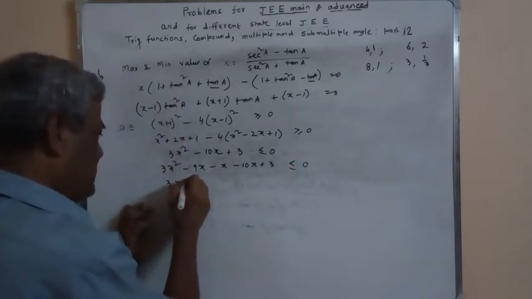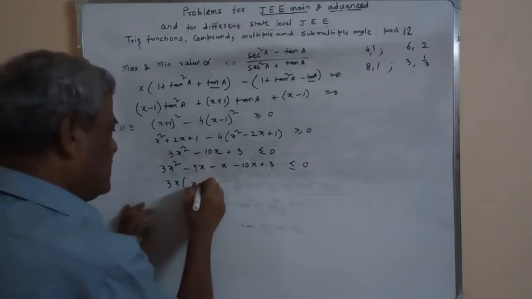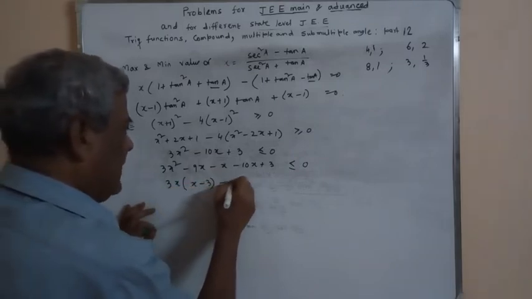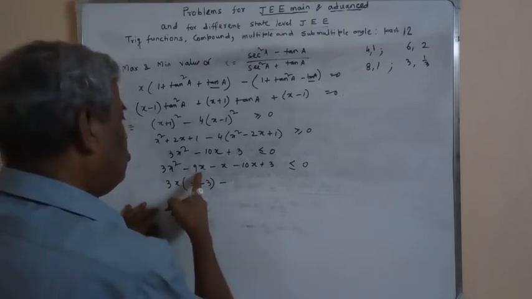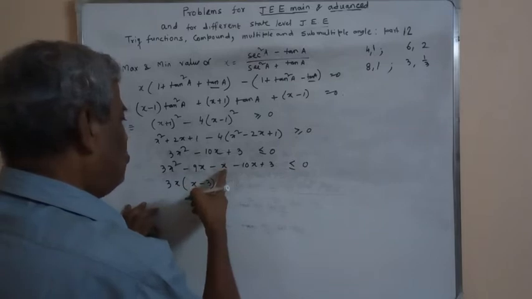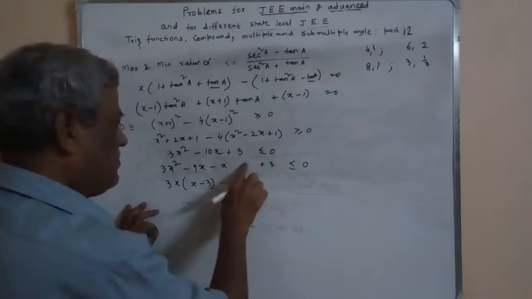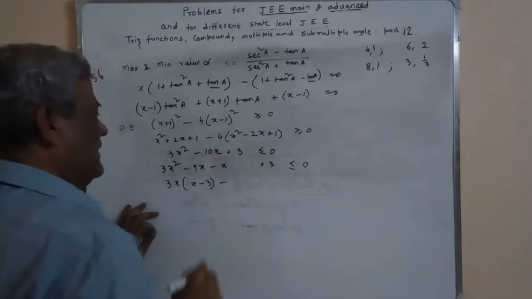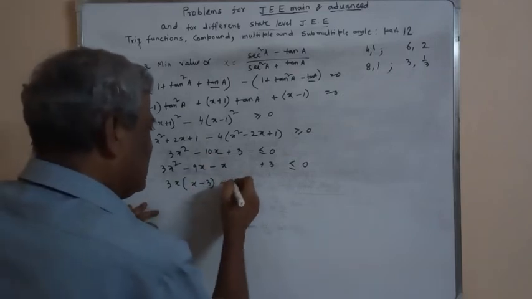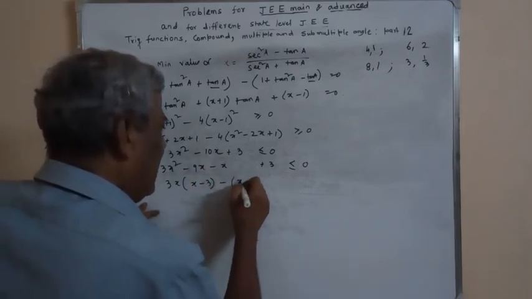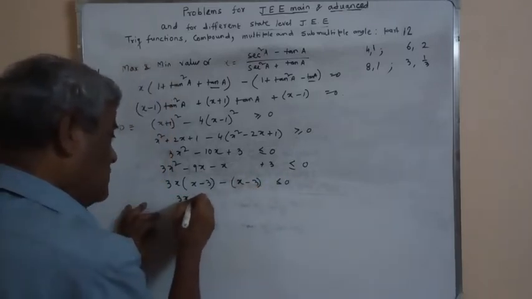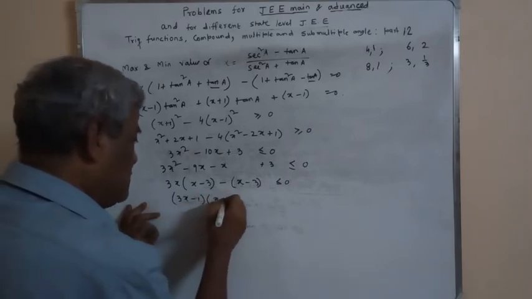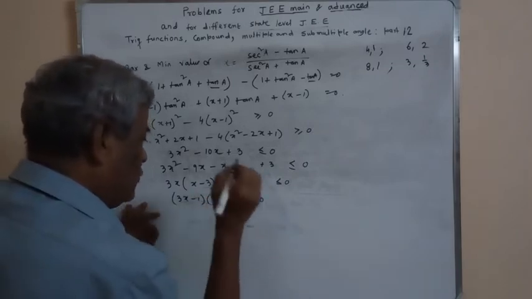That is 3x into x minus 3, minus 1 into x minus 3, since that together is minus 10x. So (3x minus 1) into (x minus 3) is less than or equal to 0.